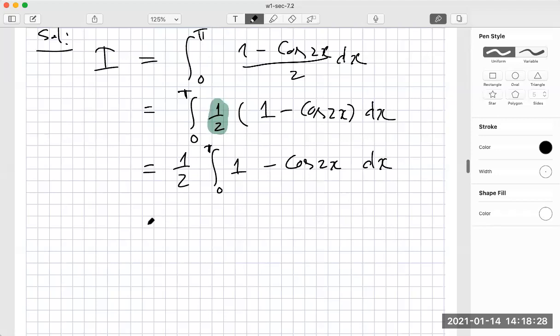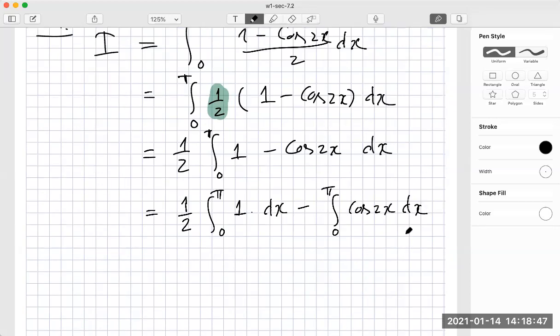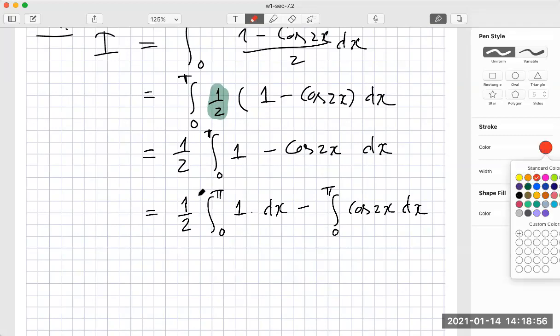So the sum rule tells us that it is the same as the integral of 1 dx subtract the integral of this function. Be careful, 1/2 multiplied with the whole thing, right?